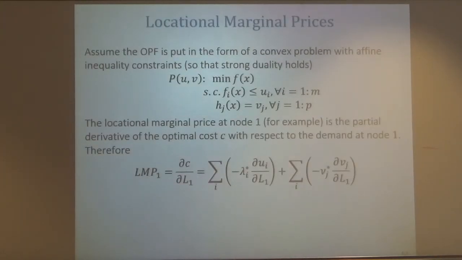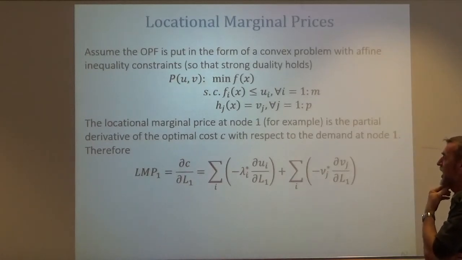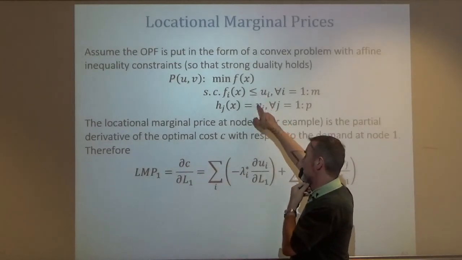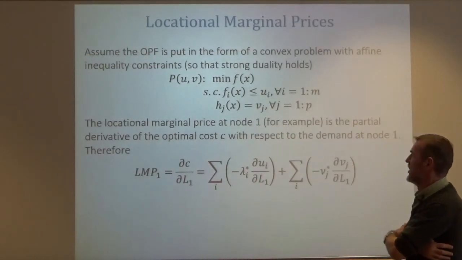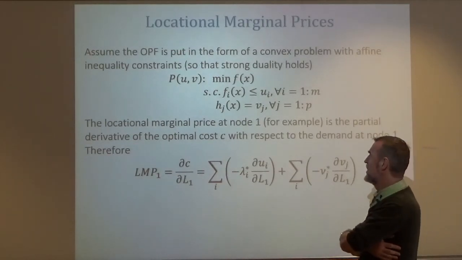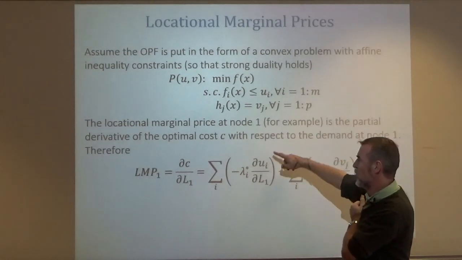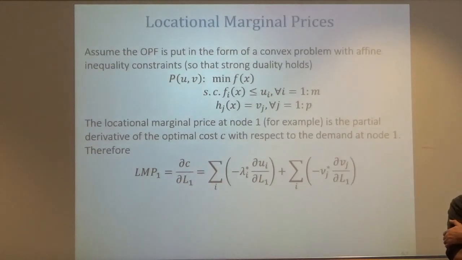Once you have done that, then we're able to understand the locational marginal prices. If we have a formulation of the OPF for which Lagrange duality holds, then particularly if we put it in this form, and if f is the cost, then the locational marginal price is the derivative of the cost with respect to the load, active power demand at a given node, for example, at node 1.